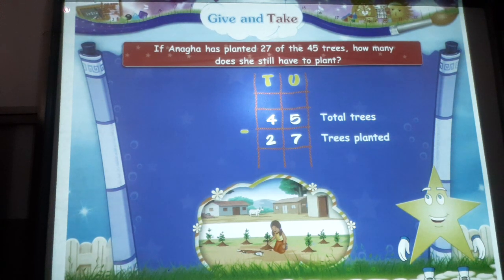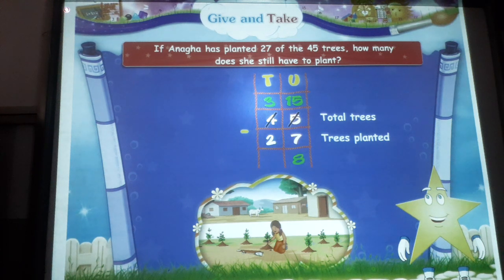See the units. 5 minus 7. We cannot subtract 7 from 5. So, we will have to untie the 1 ten from 4 tens to form 3 tens and 10 units. Now, in the units, we have 15 units minus 7 units.